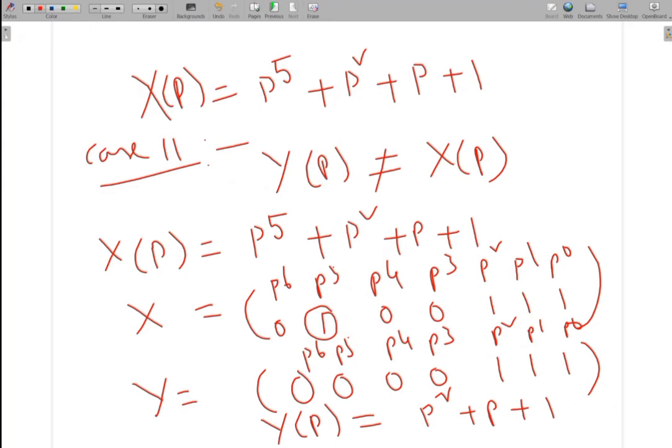Next, y of p is equal to p square plus p plus 1.